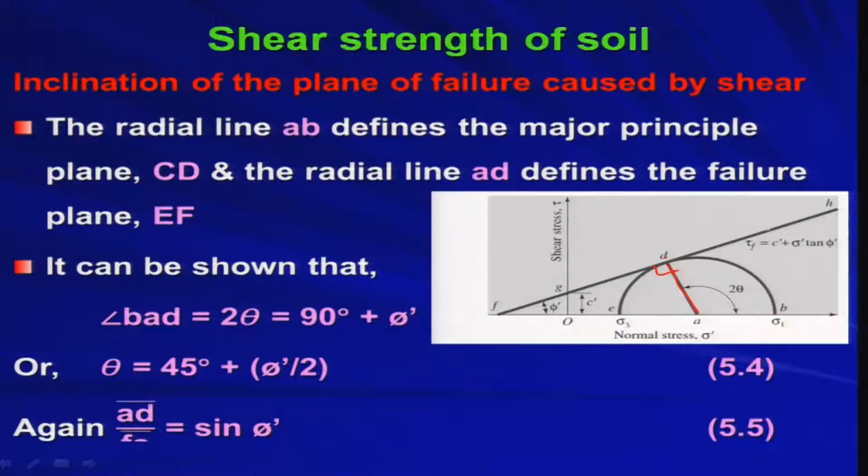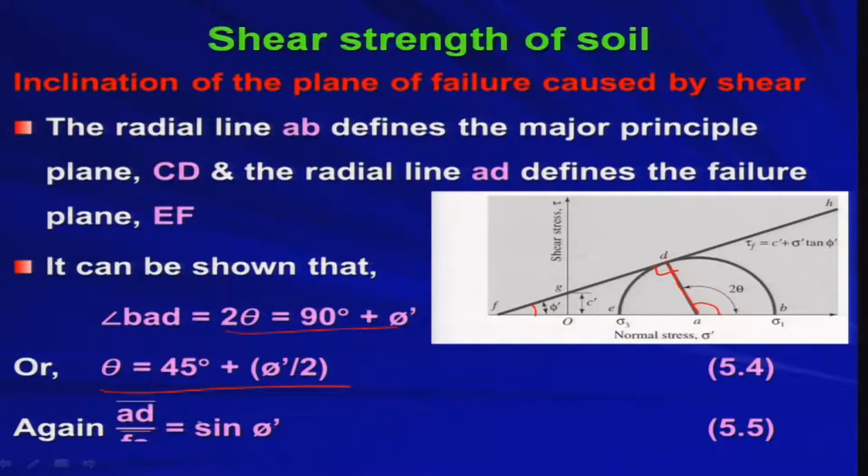Therefore this angle is 90 degrees, and this angle is phi prime. So this angle will be 90 degrees plus phi prime, which is equal to 2 theta. From this I can write theta is equal to 45 degrees plus phi prime by 2, right.